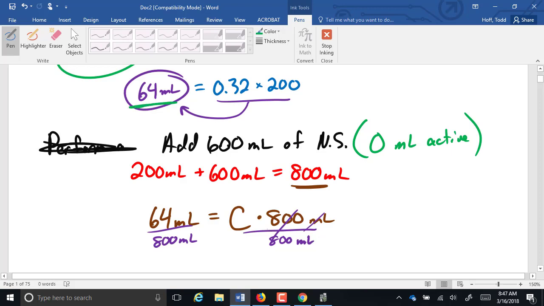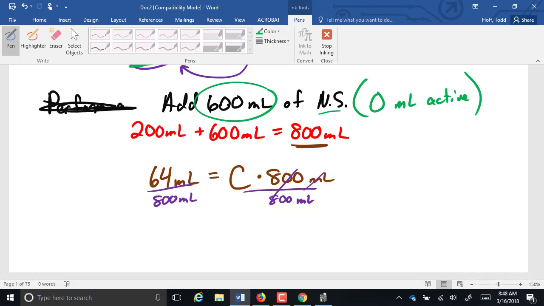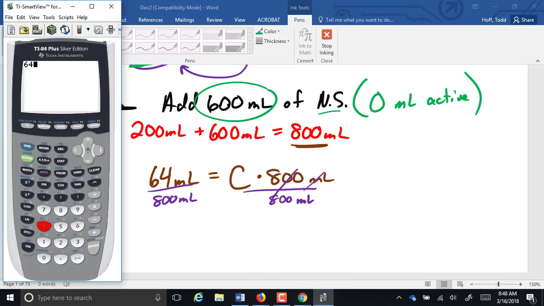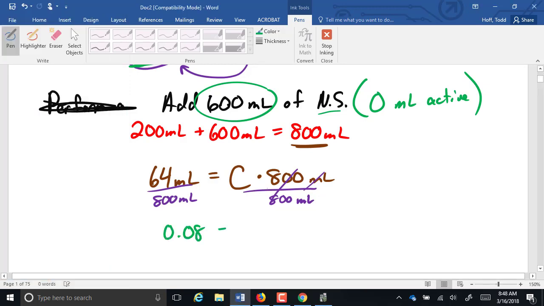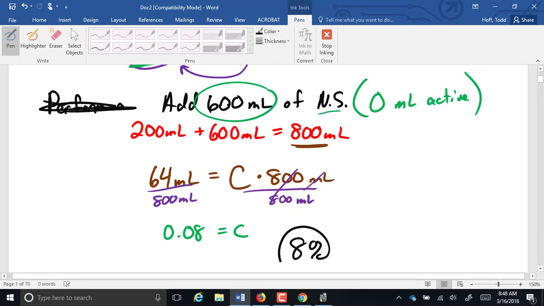Yes. The new total volume, yeah, we added 600 milliliters of water. So there was no medicine added, no active ingredient added. So we're trying to find the concentration. So we divide 64 divided by 800. That gives us 0.08. It's our new concentration. So that's 8% is our new concentration.